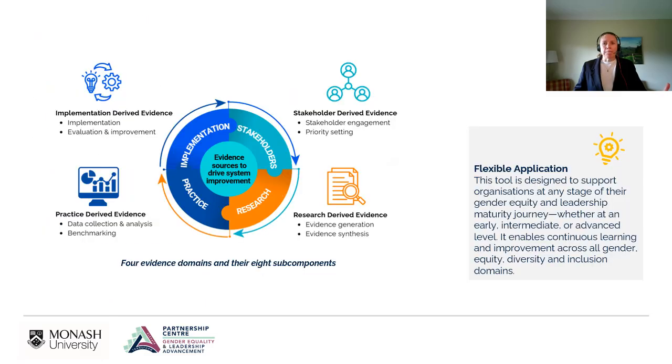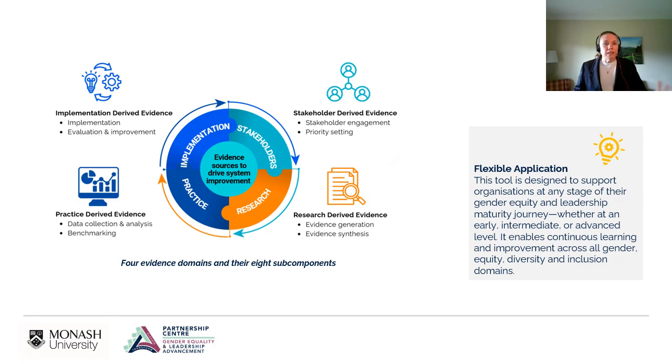So in effect, organisations using this maturity matrix tool perform a self-assessment of their gender equity interventions across 4 learning system evidence domains, which are here around this circle, including their subcomponents.